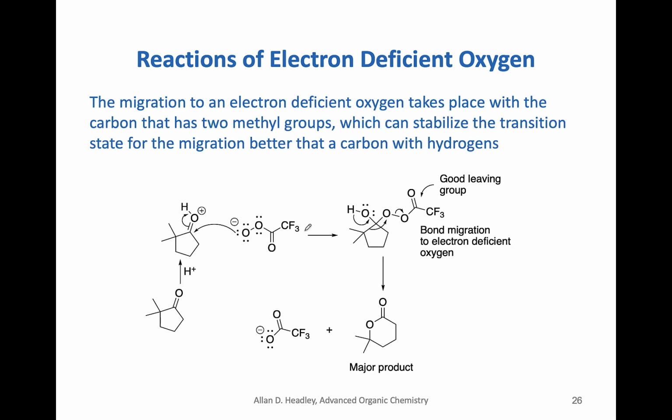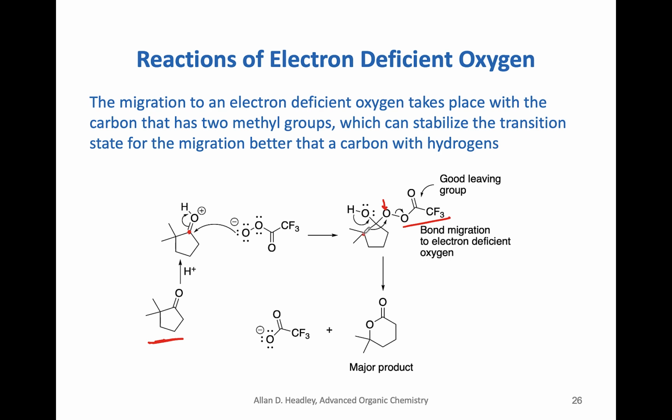So let's look at the other one. Same starting material. Now we have protonation to give an electrophilic carbon here. The conjugate base, which is nucleophilic, attacks here to get this intermediate, with an electron deficient oxygen right here again. Good leaving group right here. Now this bond migrates.